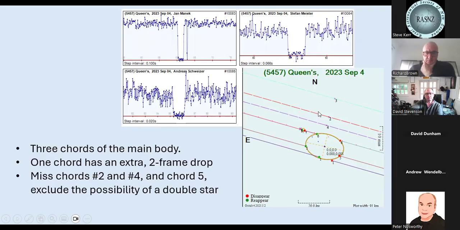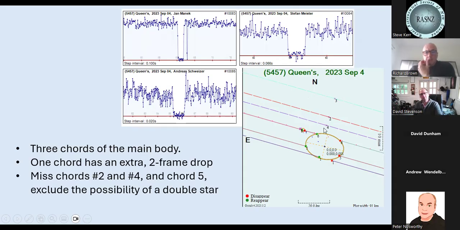If those two missed chords were not present, and if you couldn't measure the light curve drops properly, you could take that ellipse and fit it to those 2 points with the asteroid being up there.